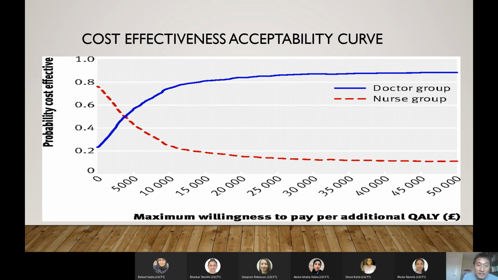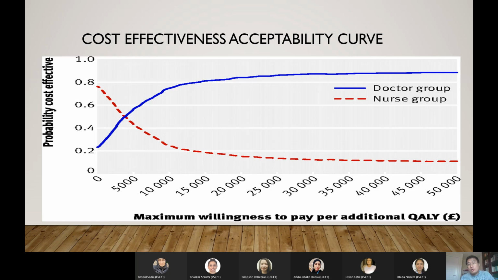Yeah, so in an exam, just use this one and this one, and they will ask, for nurses, the maximum willingness to pay is 45,000. What is the effectiveness? You can see from the graph. So there will be different options. 0.1. Okay. So this is the way to interpret this graph. And in cost effectiveness, they are going to use willingness to pay.